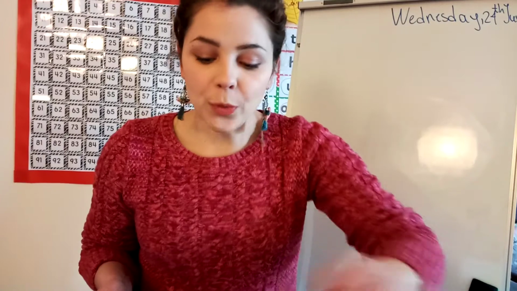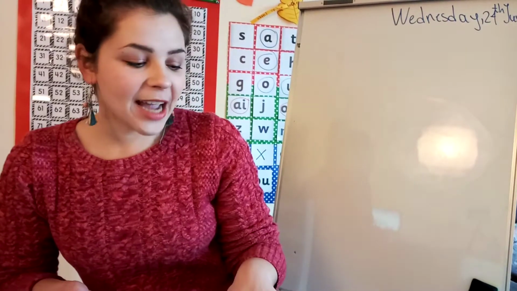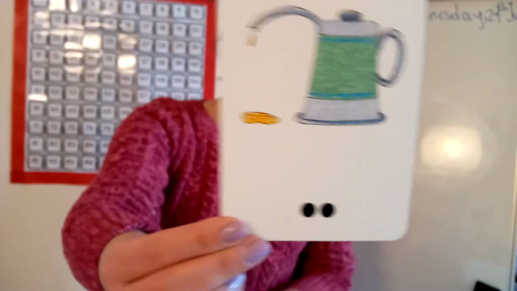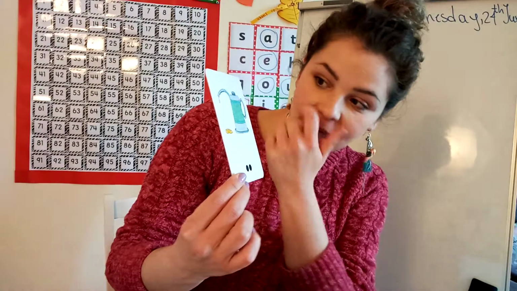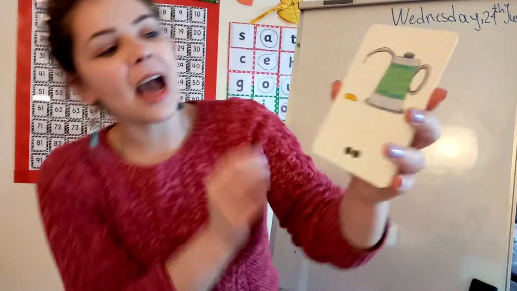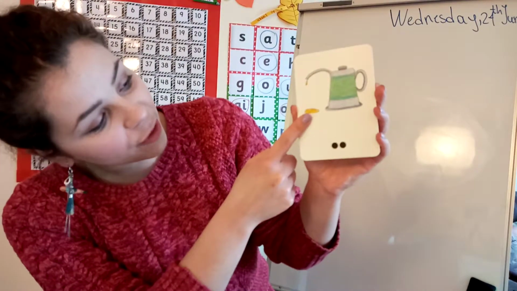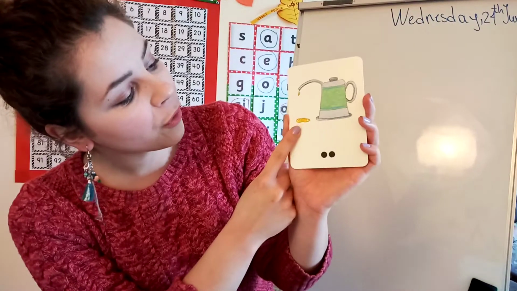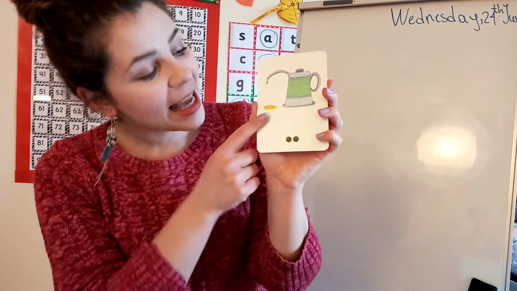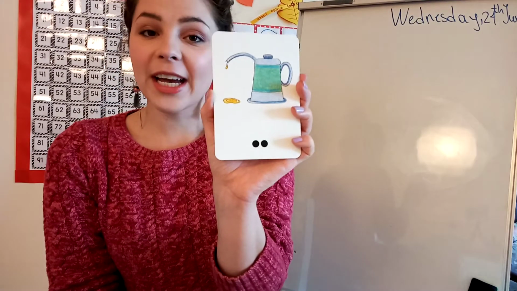Let me show you what I have here. Look at this picture. What can you see? Take a close look at this can. It has a handle and a snout, and something's coming out of it. Something's dripping on the floor. A yellow fluid. Guys, this thing that's dripping from the can is called oil, yeah?